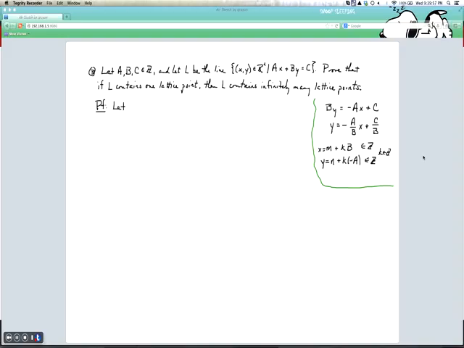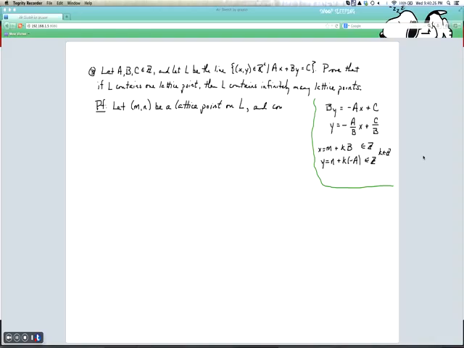Let, and I'll stick with my notation over here, (m, n) be a lattice point on the line L. By definition, that means that m and n are integers, okay?